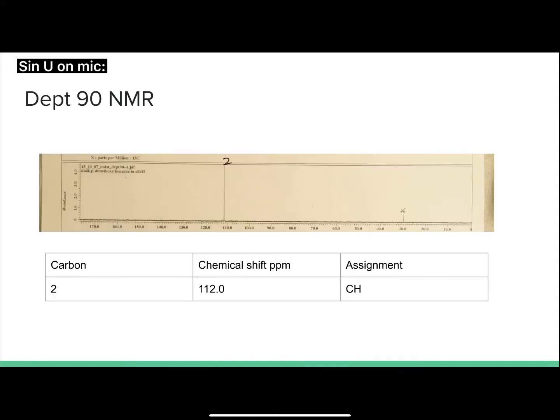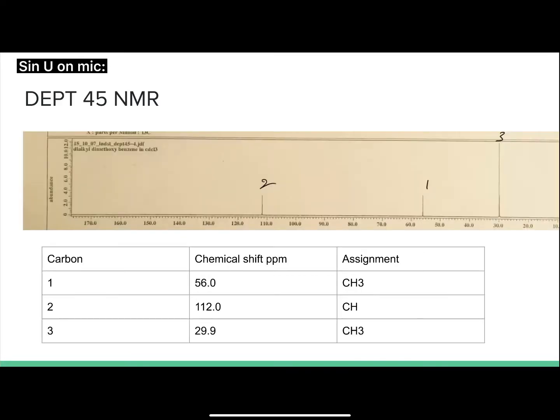And for DEPT 90 NMR, only carbon 2 with a chemical shift of 112 is there, and it is the assignment of CH, which is the carbon on the benzene ring. Looking at the DEPT 45 NMR, it has 3 carbons shown, which are 1, 2, and 3.